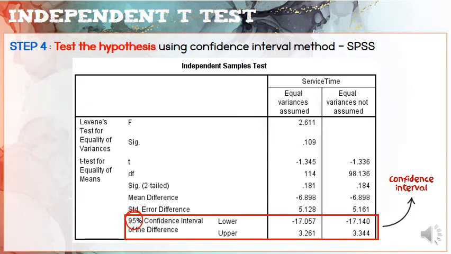Kalau soalan kata based on 95% confidence interval, yes, you can simply ambil sahaja value yang diberikan dalam your SPSS output. But if your output bagi 95% confidence interval, and the question asks you for 99% confidence interval, you need to recalculate. You can't take this value. So please make sure that you read the question carefully and look at the output, which percentage yang dibagi.